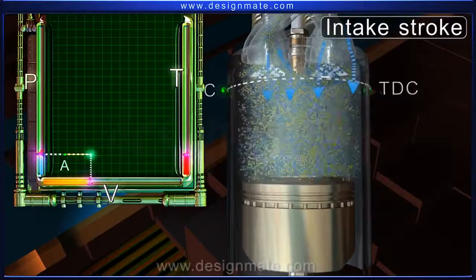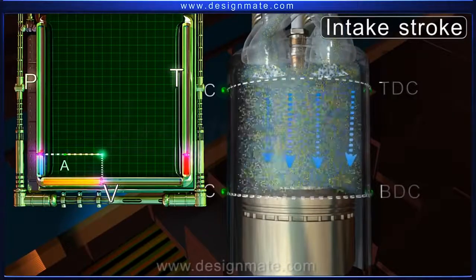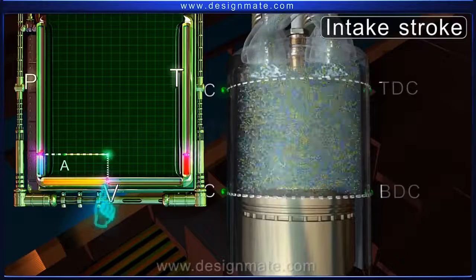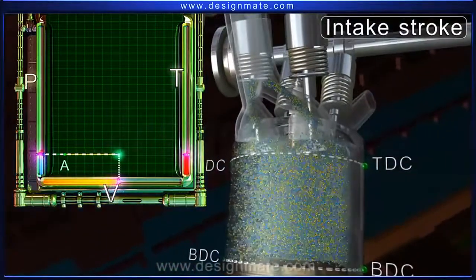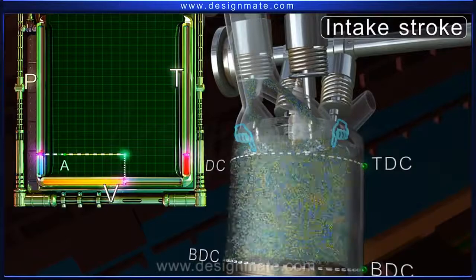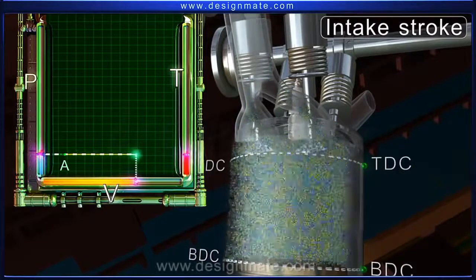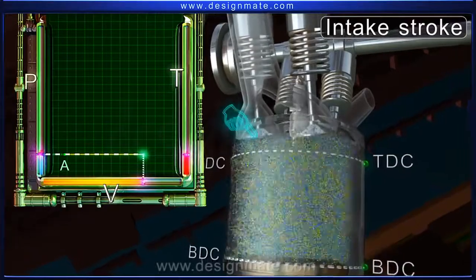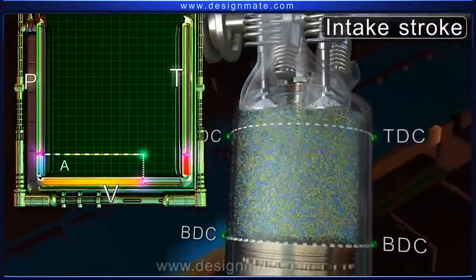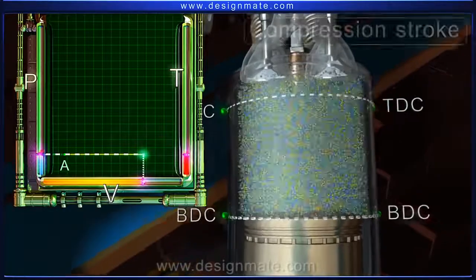The piston descends from TDC towards the bottom dead center or BDC of the cylinder, and the volume of charge increases. As the intake valves are open, the pressure and temperature of charge inside the chamber remain constant. When the piston reaches BDC, intake valves close. The cylinder is full of fuel-air mixture at atmospheric pressure.